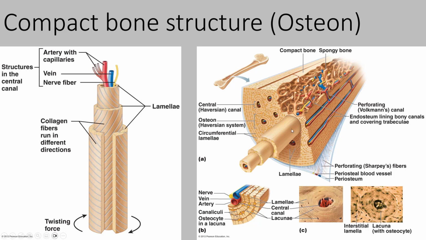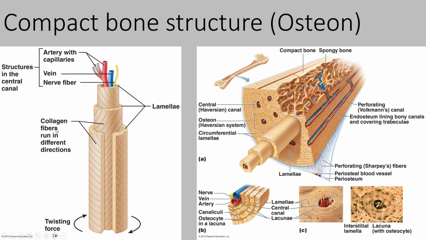Now let's take this entire osteon out. This doesn't actually happen, we're just using our imagination here. Let's take this osteon out of that bone, and that's what we see over here on the left. It looks a little bit different because we see these blue stripes, which are not actually there. They're just here to show us the orientation of something in these lamella.